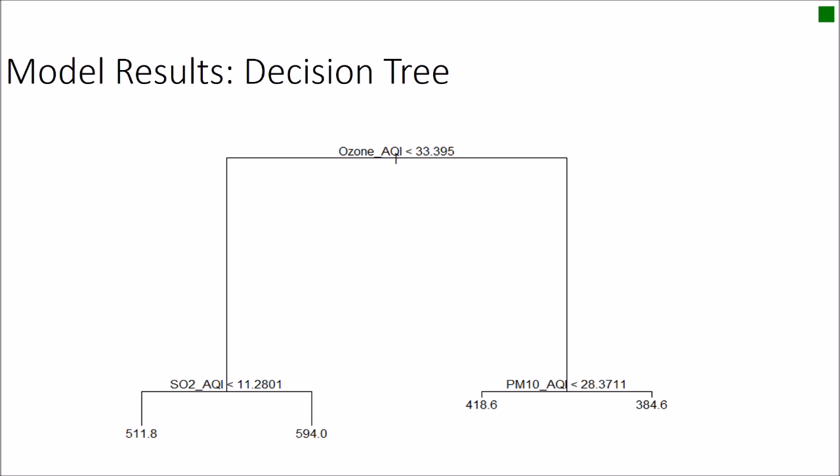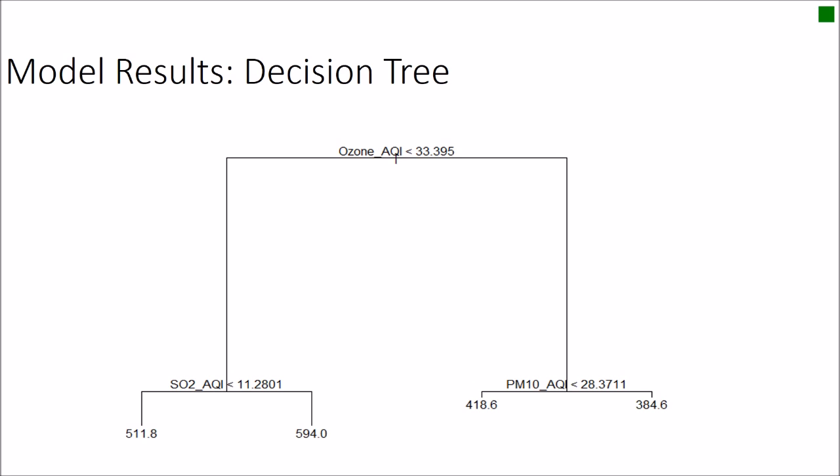11.2801, this model predicts that we will have the highest number of asthma-related hospitalizations at 594 per quarter.